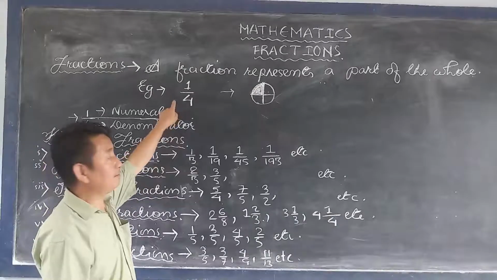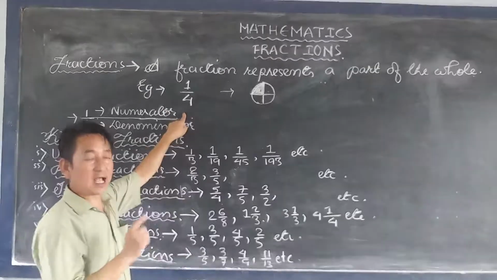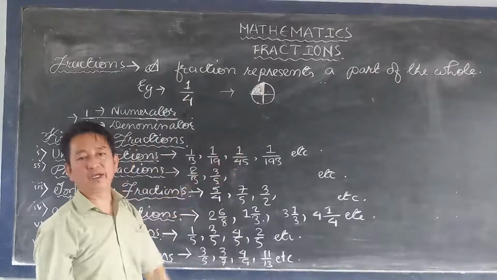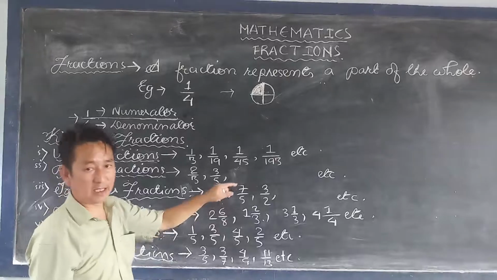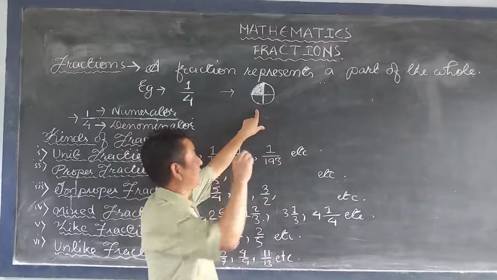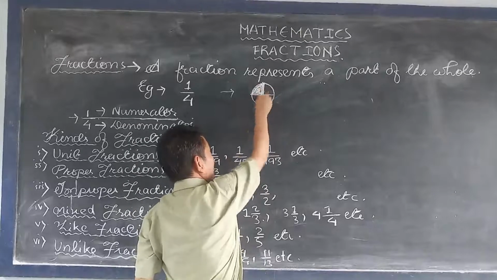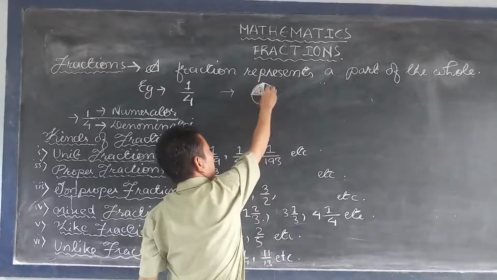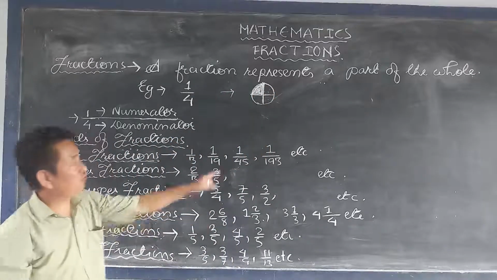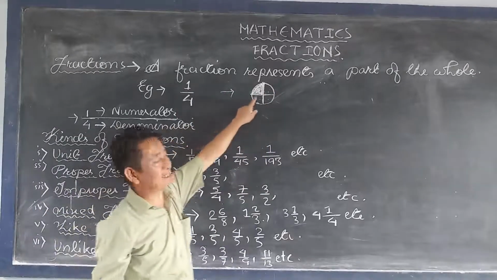Like 1 by 4 is an example of fraction, and this fraction can also be represented in figures. As you can see here, I have drawn a circle and I have divided this circle into 4 equal parts: 1, 2, 3, 4. Out of these 4 parts, one part is shaded.